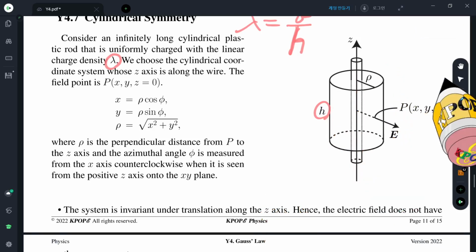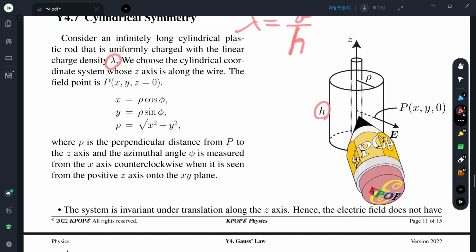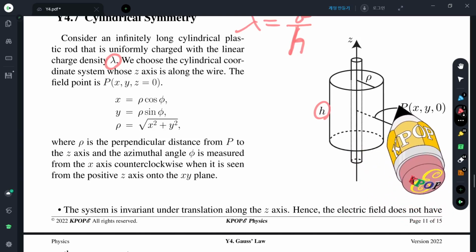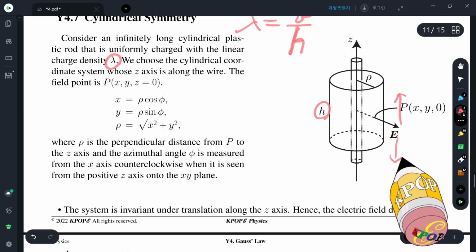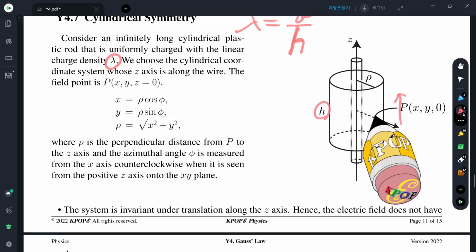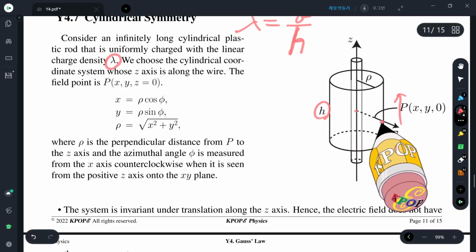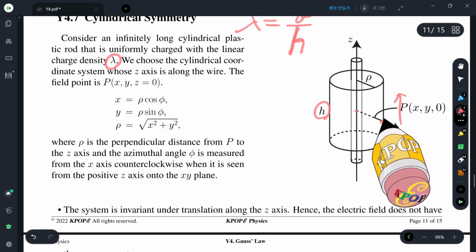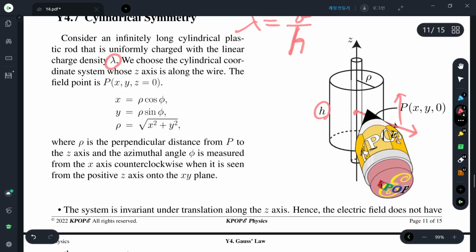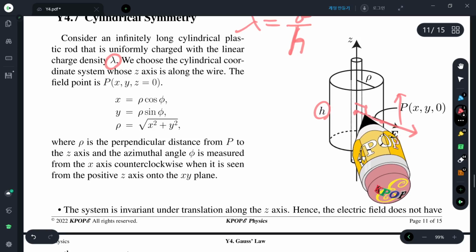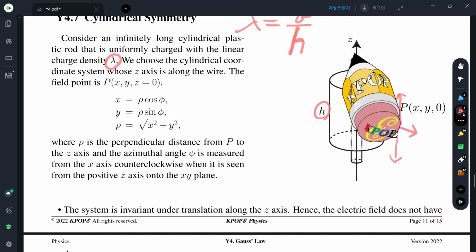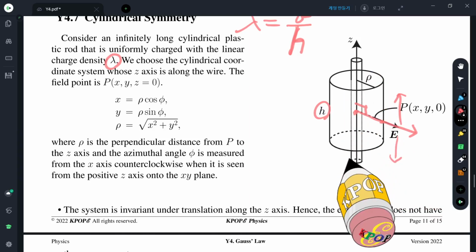Because of the symmetry, the electric field has a component along the planar radius direction only. It is impossible to have a direction along the z-axis. At any point, the electric field must be directed from the center, and this line must be perpendicular to the wire.